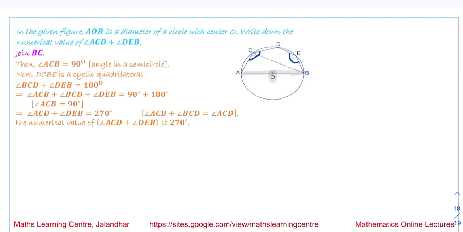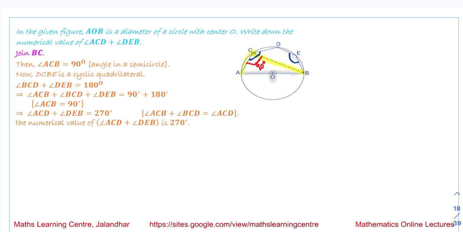To find the sum of these two angles, we have done a construction: we have joined B and C. So this angle ACB is the angle in the semicircle, so the value of this angle will be 90 degrees.